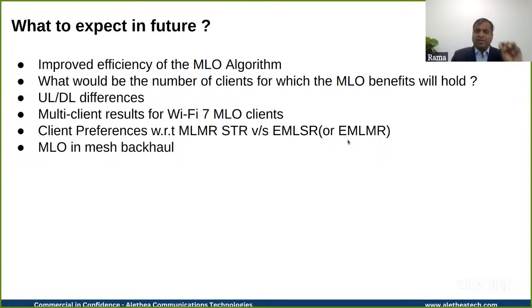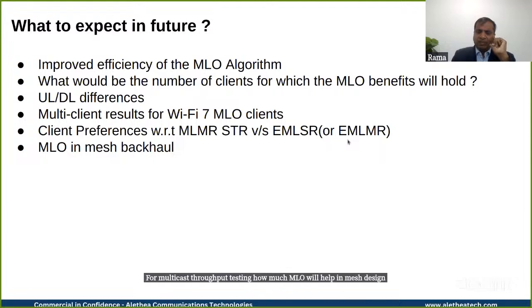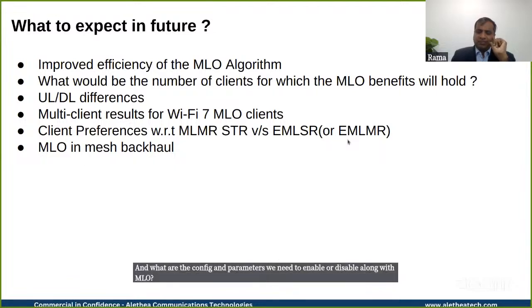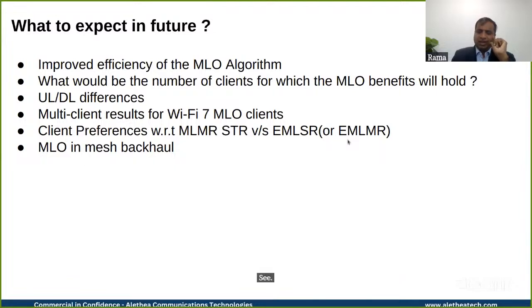For multicast throughput testing, how much will MLO help in mesh design? And what are the config and parameters we need to enable or disable along with MLO? See, whether it is multicast or not should not matter for the purpose of MLO. I understand that for multicast there is only one transmitter.